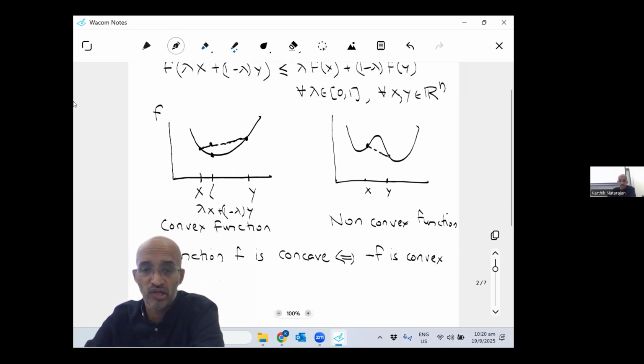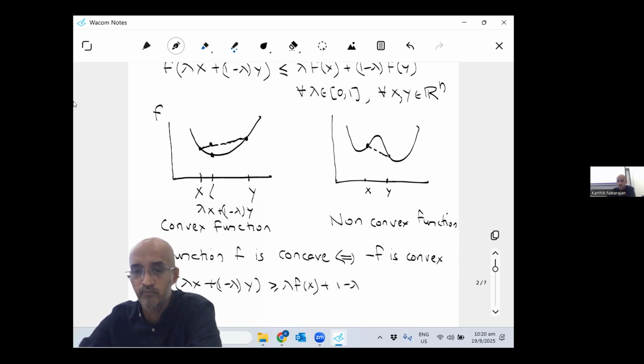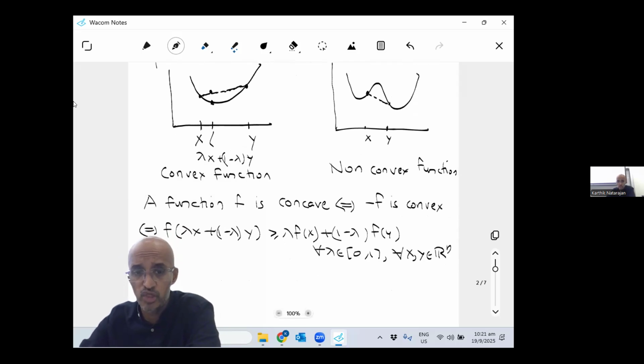This is the same thing as saying f of lambda x plus 1 minus lambda y exceeds lambda f of x plus 1 minus lambda f of y. Again, for every lambda between 0 and 1 and for every x and y in Rn. So concave functions will look like this, basically. That's a concave function.